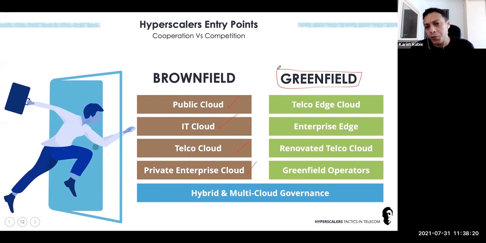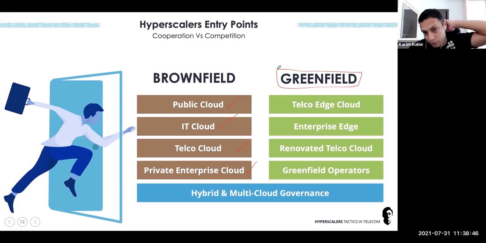They are very competent when they offer, for example, Edge in a box. You will see in the next slide that Microsoft can come to you and say, I can give you a full 5G core with IoT application in a box, and you can lead that directly to your enterprise customer. This is a very well-known advantage of the hyperscaler. They ship it to you the same way they ship their enterprise services to their customers.